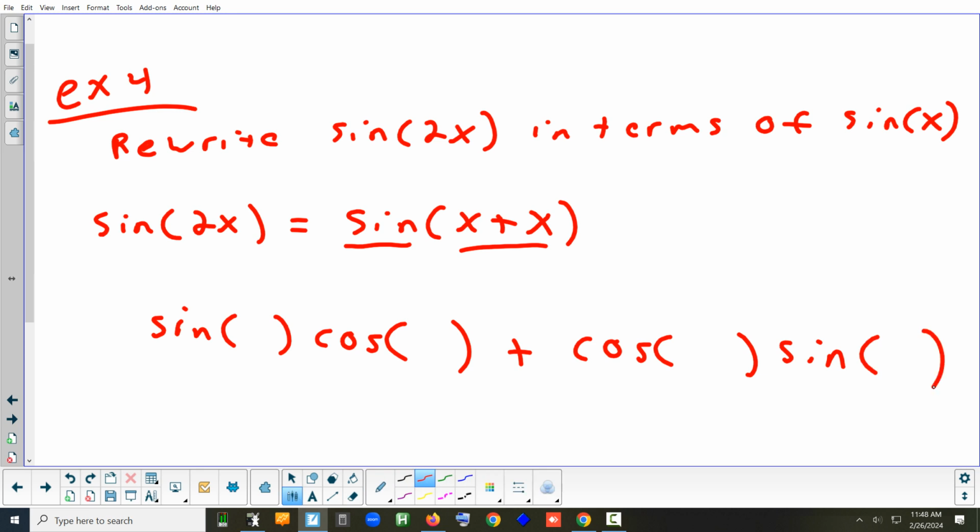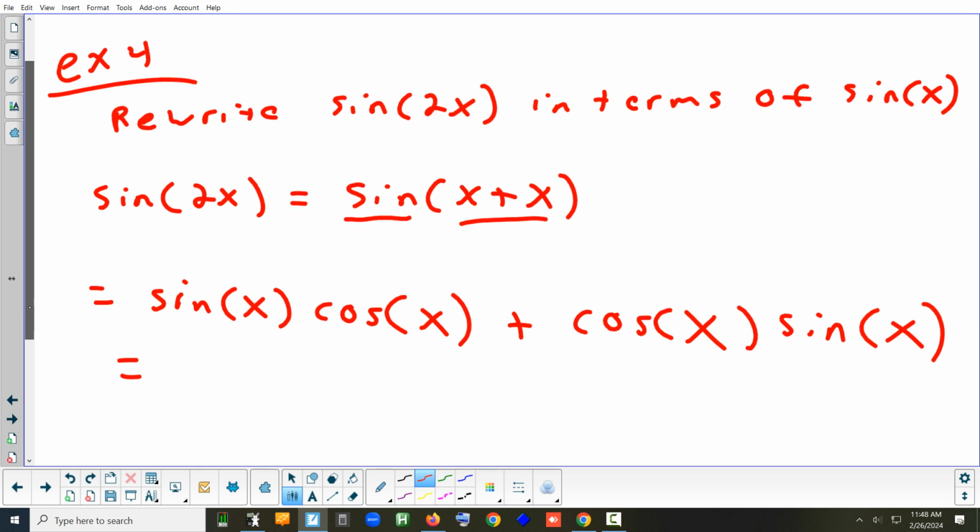Okay. And now fill in your angle. 1, 2, 1, 2. What's my first angle? My second angle? And then first angle, second angle. So I have sine times cosine plus cosine times sine. What does that simplify to?